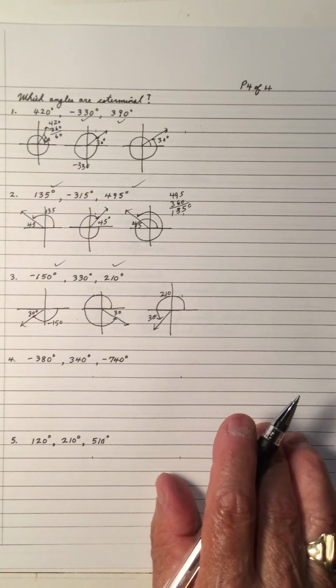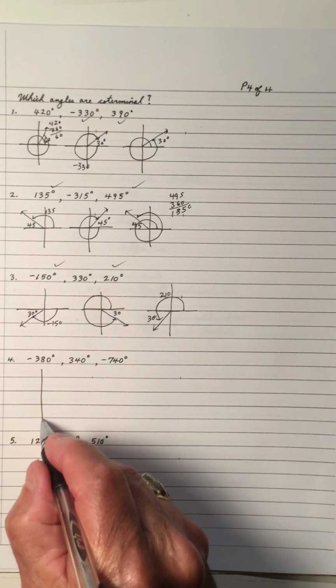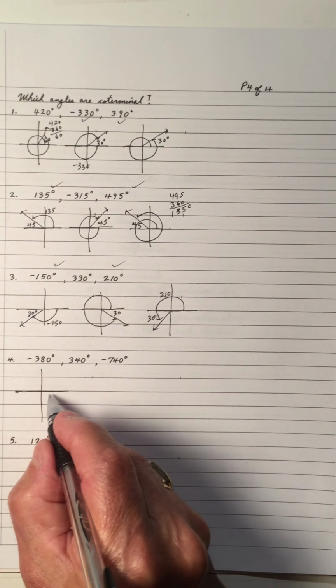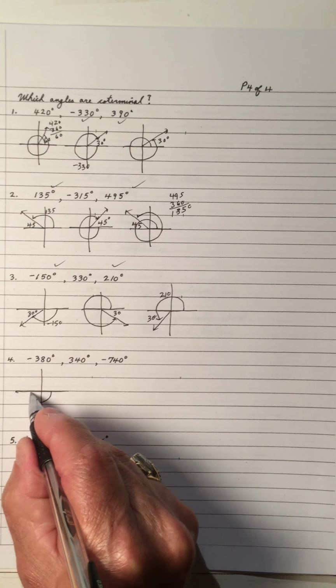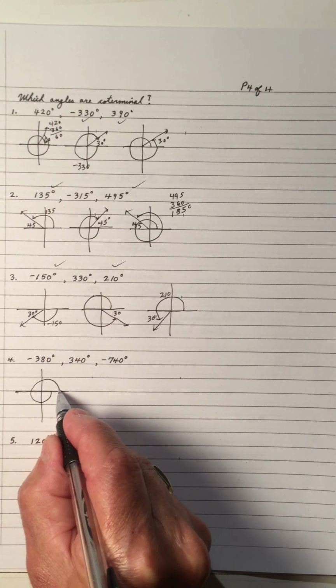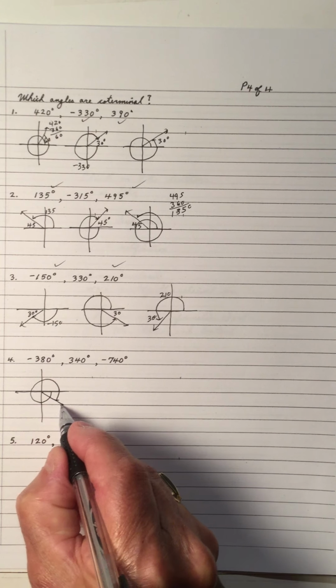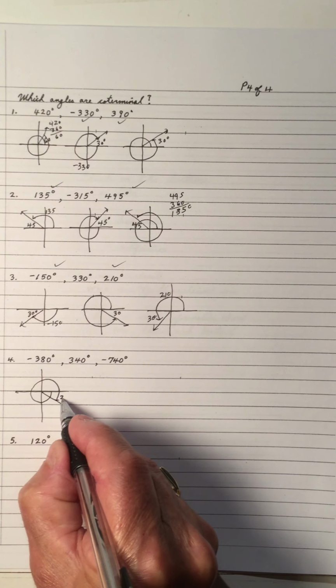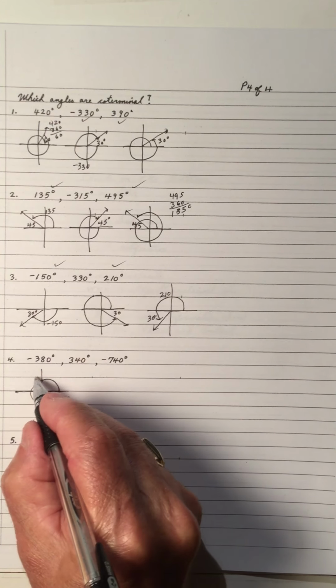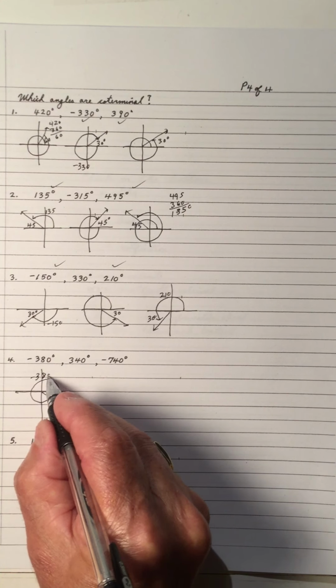And a negative 380, again, let's see, one complete revolution. So that's a negative 360 and 20 more. So that's a reference angle of 20. So that's the negative 380.